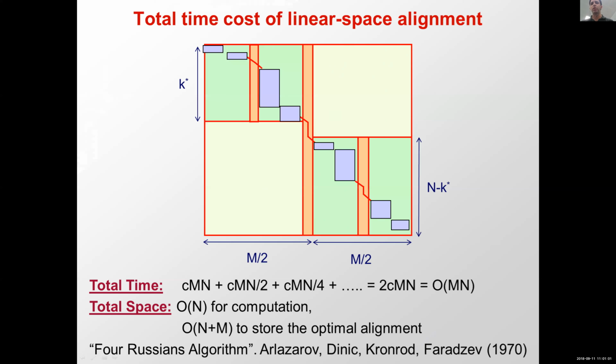So it's effectively the full n by m matrix, then half of that, then a quarter, then an eighth. That becomes a geometric series that reduces to this linear operation.